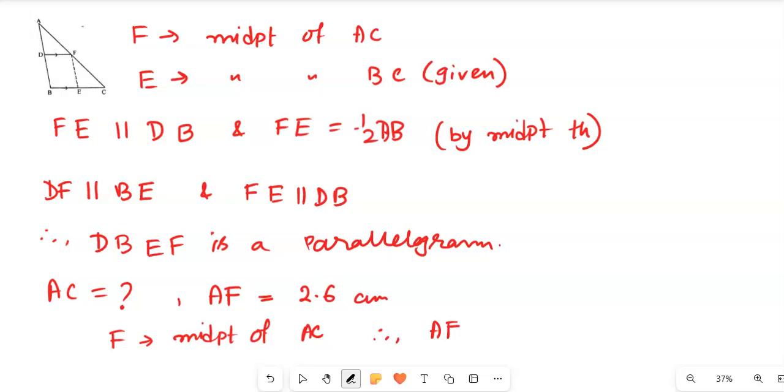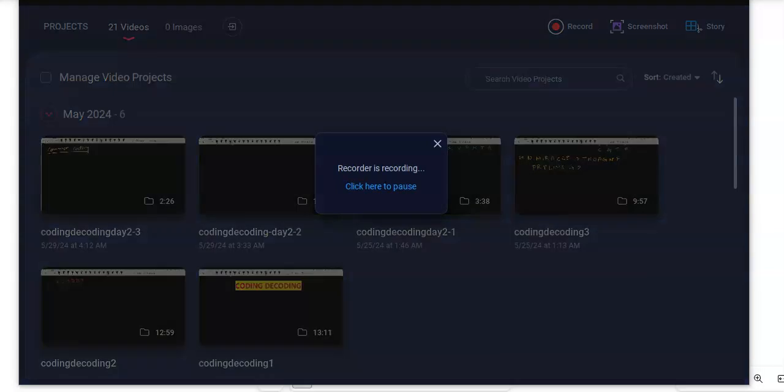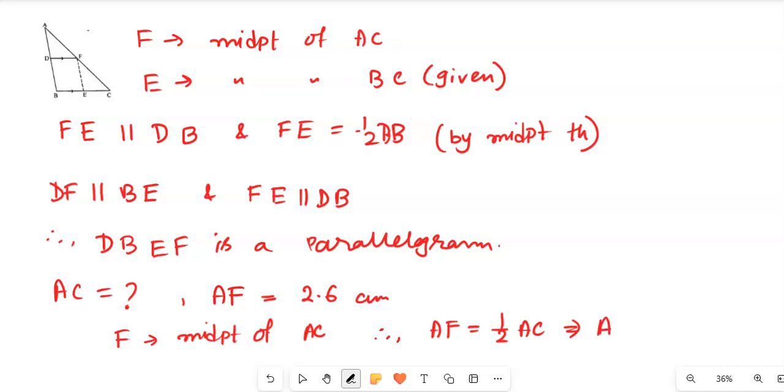Therefore, AF is equal to half of AC, that is AC equal to 2 AF. Therefore, AC equal to 5.2 centimeter.